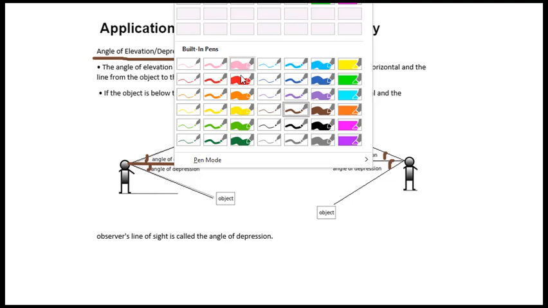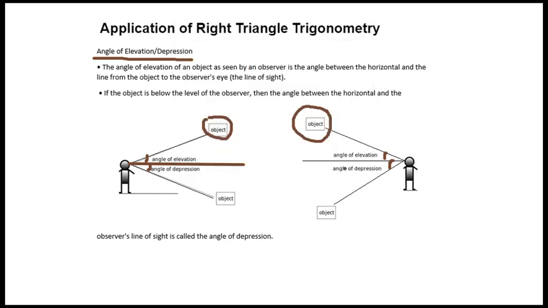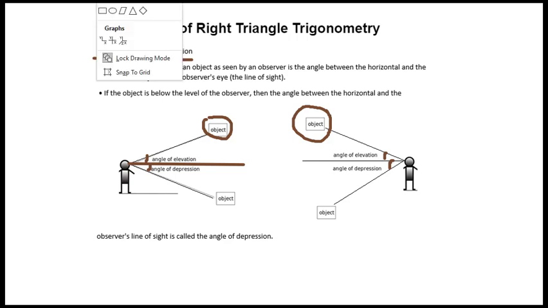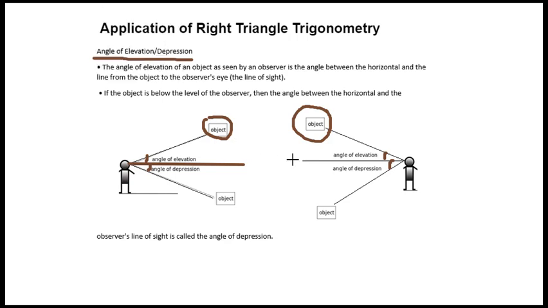But for angle of elevation and angle of depression, they are formed by a horizontal line, this line. So when you draw an angle of elevation or depression, first of all, you need to draw a horizontal line.